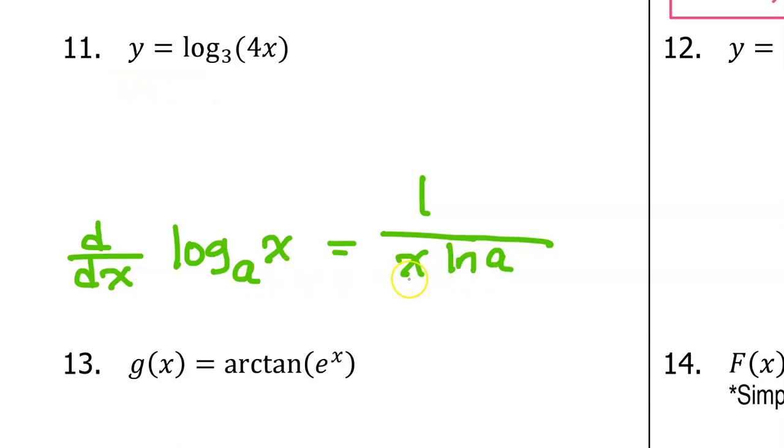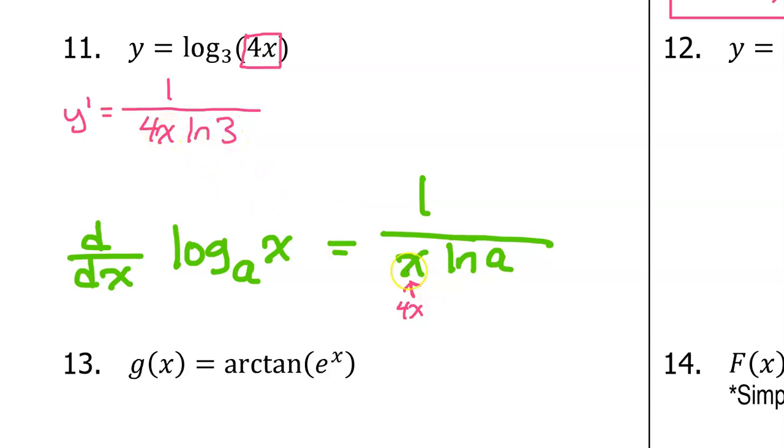I'm going to use this rule right now, but of course, because I have a 4x on the inside, instead of just putting an x, I'm going to put 4x right here, and then I'm going to use the chain rule. So y prime will equal 1 over, and again, instead of writing 1 over x, I'm going to put 1 over 4x. But then I have my ln 3, where I have the ln a.